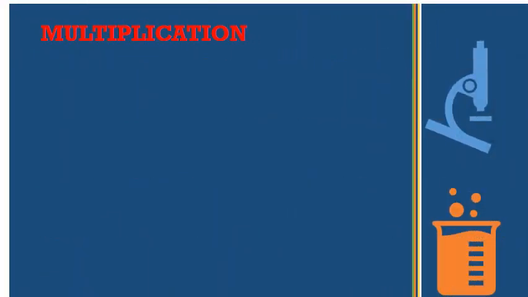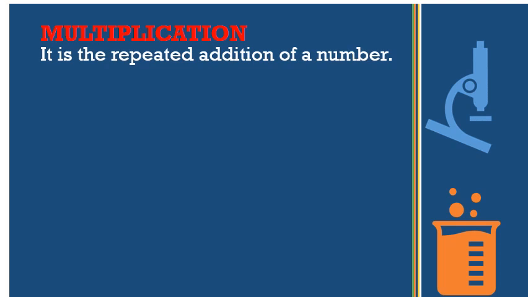So children, before doing the multiplication of large numbers, let us understand what is multiplication. Well, it is the repeated addition of a number. So, in order to understand this, let us take some example. Well, in this example, we are adding 3 4 times. 3 plus 3 plus 3 plus 3 is equal to 12.